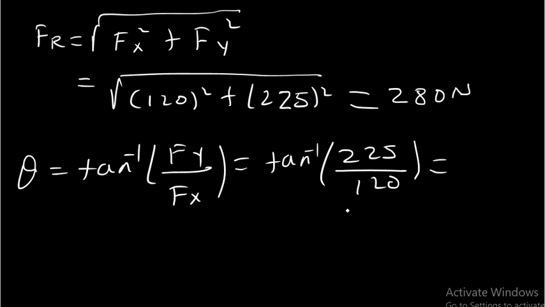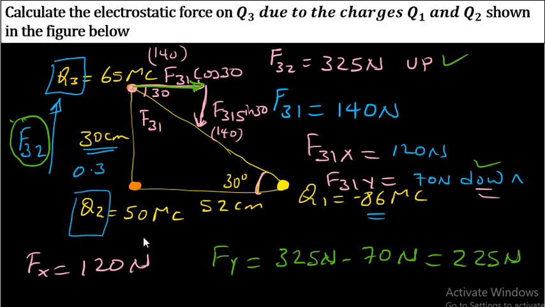So this one is approximately 65 degrees. So this is the way to calculate the magnitude and direction of force on Q3 due to Q1 and Q2.